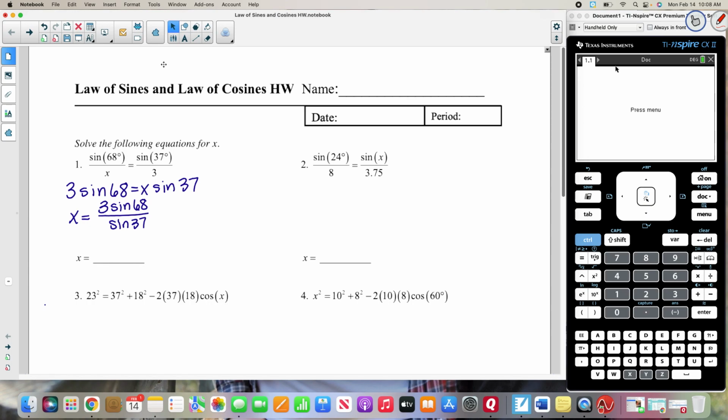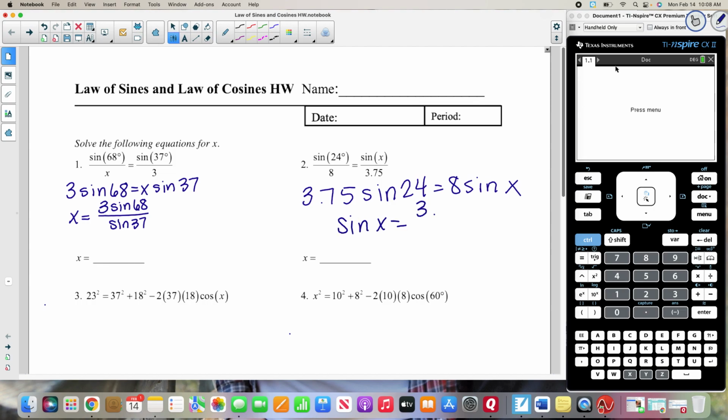Okay, number 2, are we looking for a side length or an angle measure? We're going to have to use inverse sine on this one. So we're going to divide by 8, so sine x equals 3.75 sine 24 over 8.